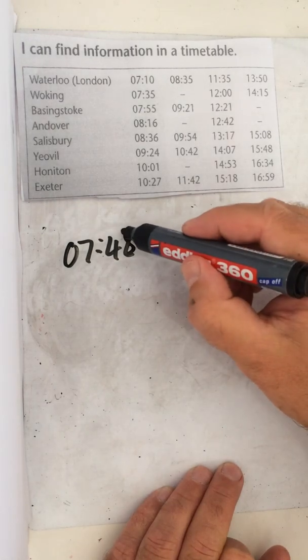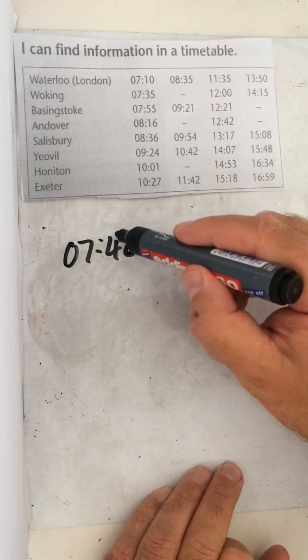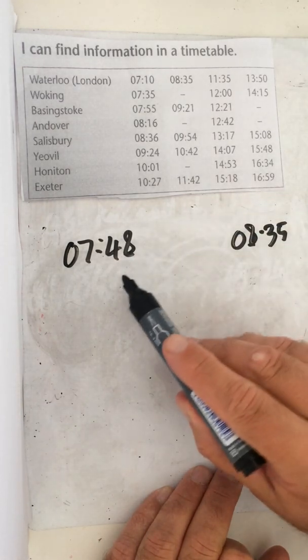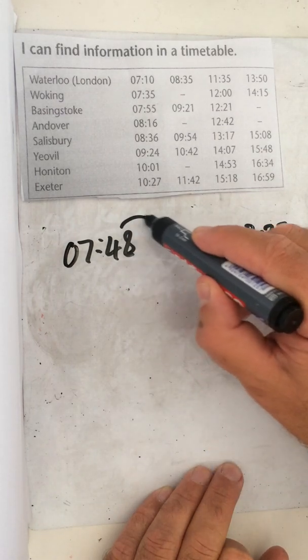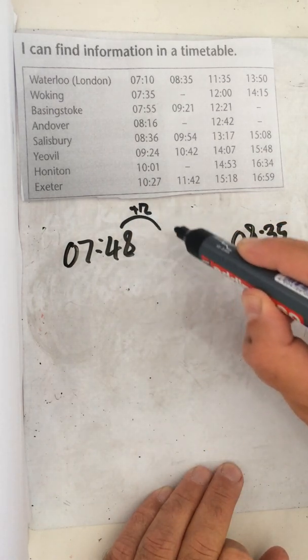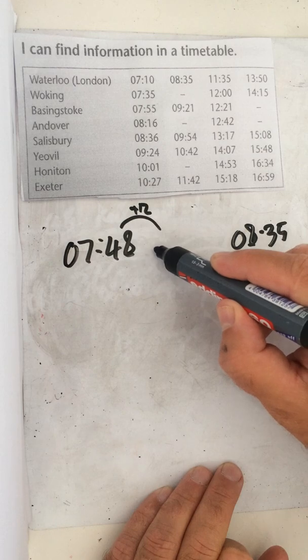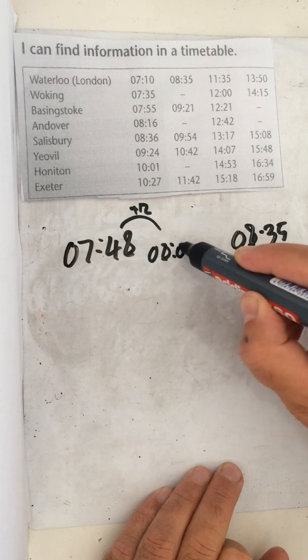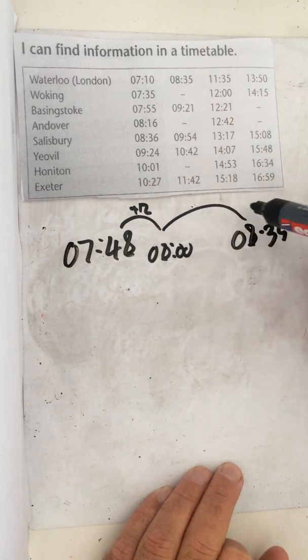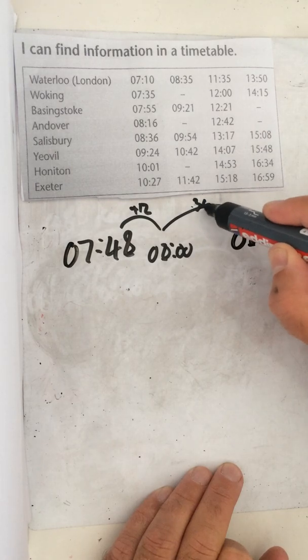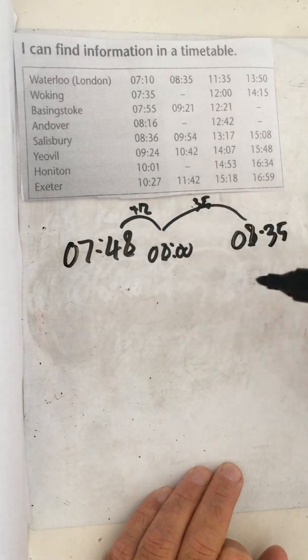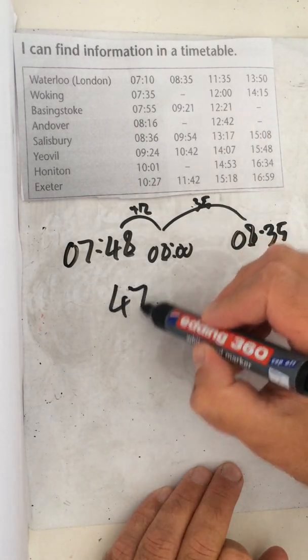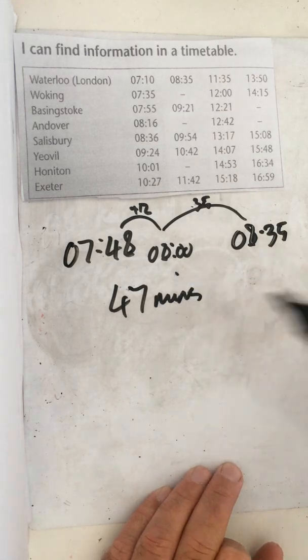So I'm going to do a jump here. I know to get up to the next hour I have to add 12 minutes because there are 60 minutes in an hour. So I'm going to add 12 minutes there, okay, and that gives me 08:00. Then I've got another 35 minutes here to wait. So I'm going to add the 12 and the 35. So that's 47 minutes I've got to wait, okay?